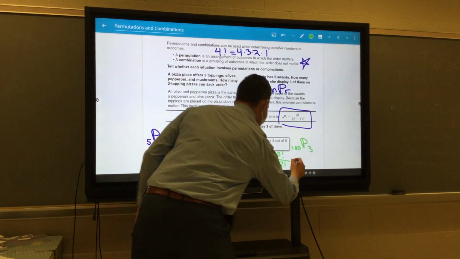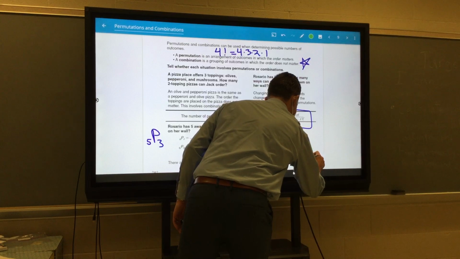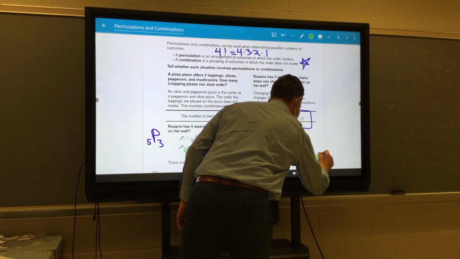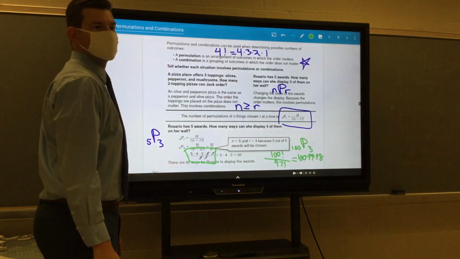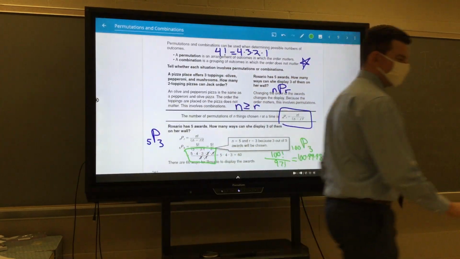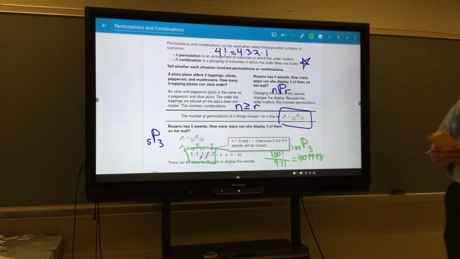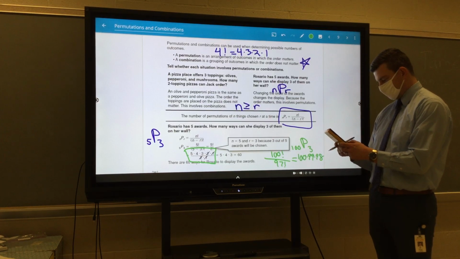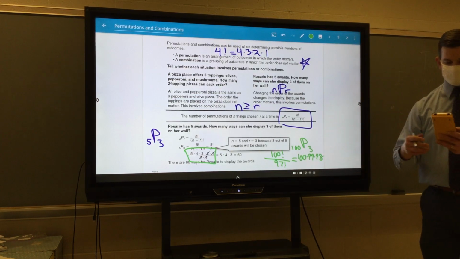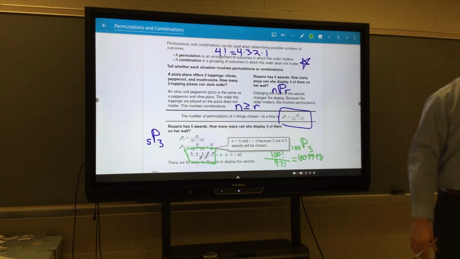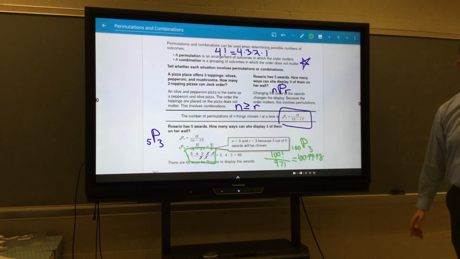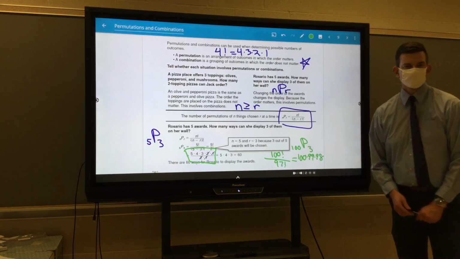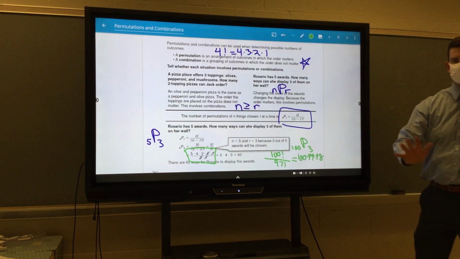So really what's left is 100 times 99 times 98. The 97s and all the way down are going to divide out. So 100 times 99 times 98 gives us 970,200. Not that big of a number. So just something to be aware about.